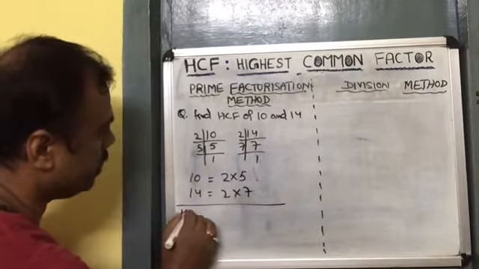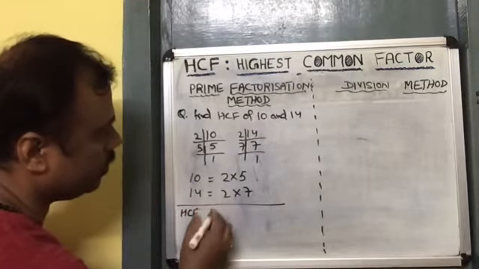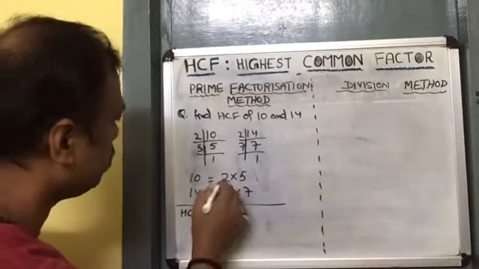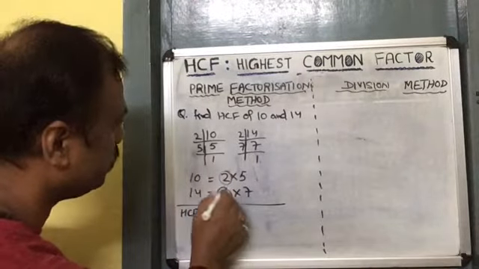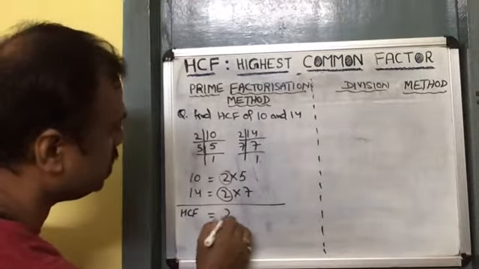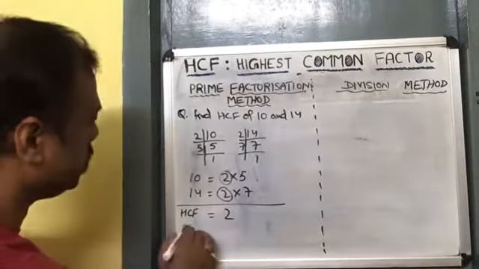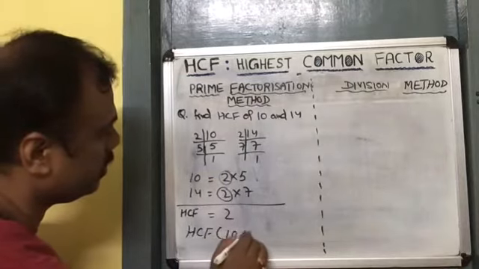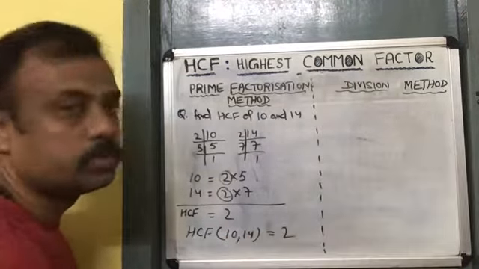The common factor is 2. So the HCF of 10 and 14 is 2.